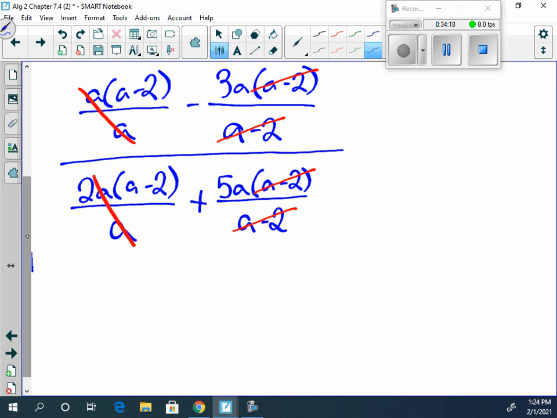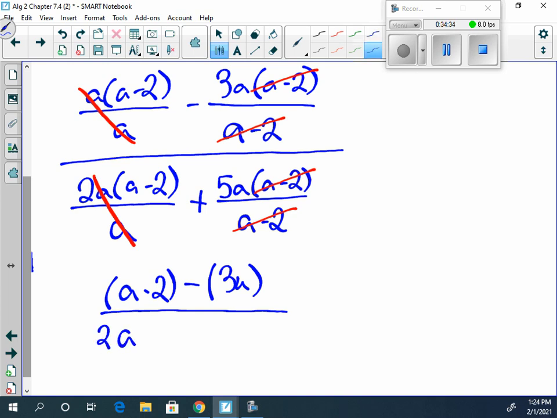So now when we simplify this here, let's see what's left in the numerator. Well, we have A minus 2 minus 3A. And in the denominator, we have 2 times A minus 2 plus 5A.